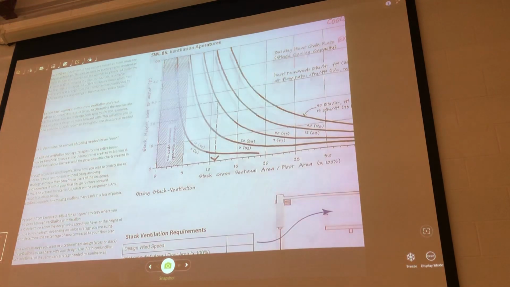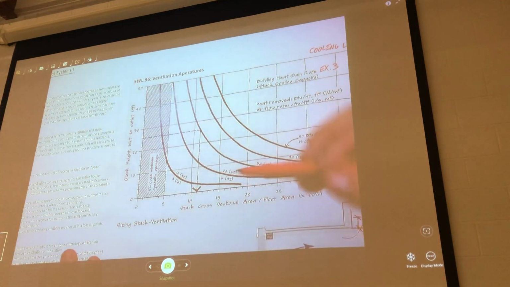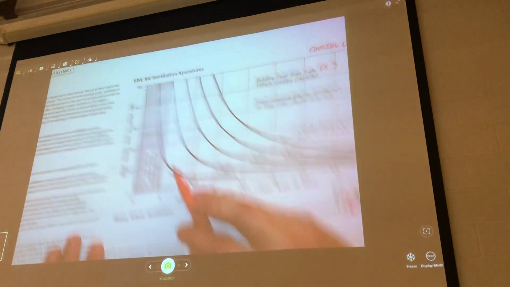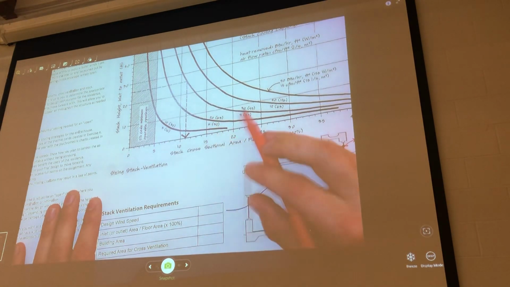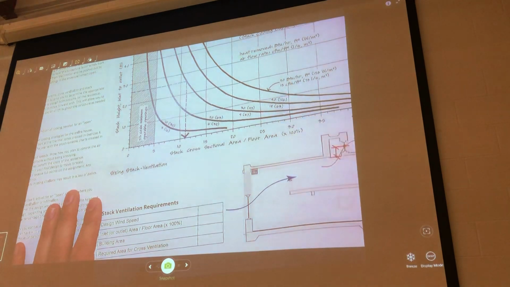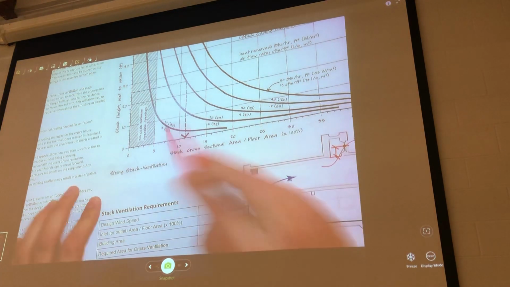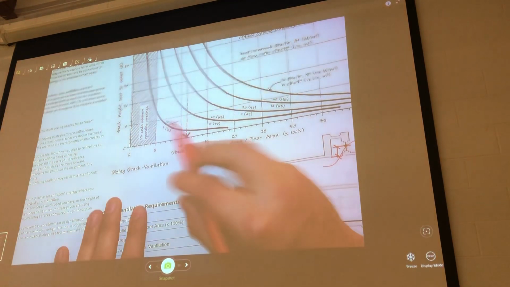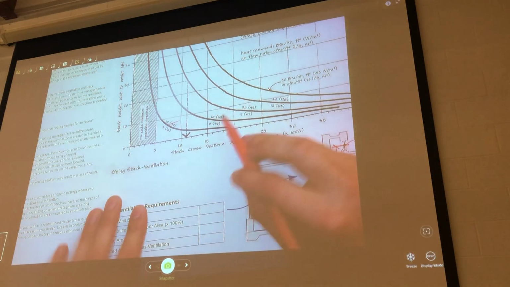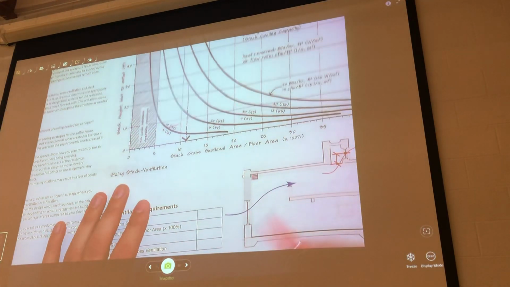I need to draw that on this particular diagram. So here we've got 10 BTUs, here we've got 20 BTUs, 30, 40, and 50. So obviously we're somewhere between 10 and 20. Most of you are going to fall somewhere in that range. Some of you might be a little bit lower, some of you might be just a little bit higher. That's okay.